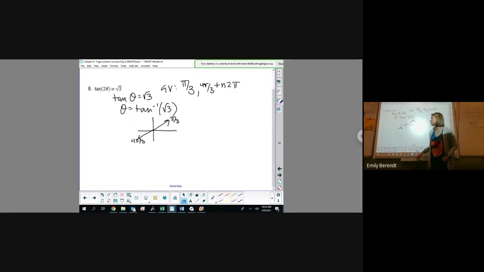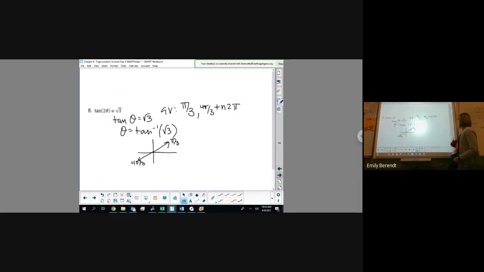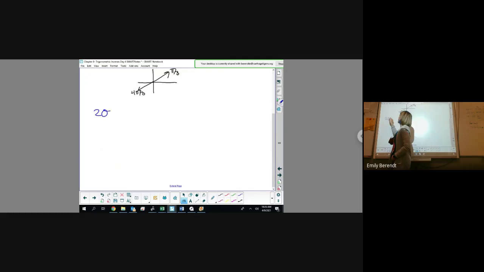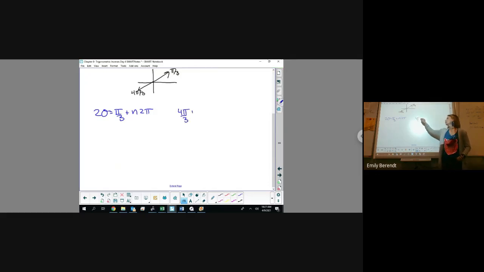All right, so then you set your general value equal to the angle with the number that was in front of it. So 2 theta, I think my color was blue next, was it? Yeah, blue. So we'll do 2 theta equals pi over 3 plus every 2 pi, and then 2 theta equals 4 pi over 3 plus every 2 pi.